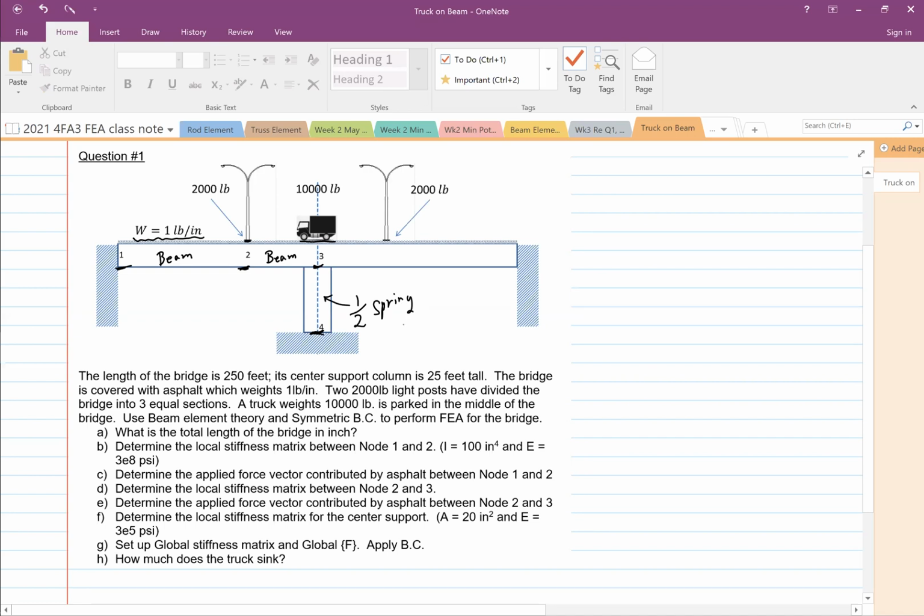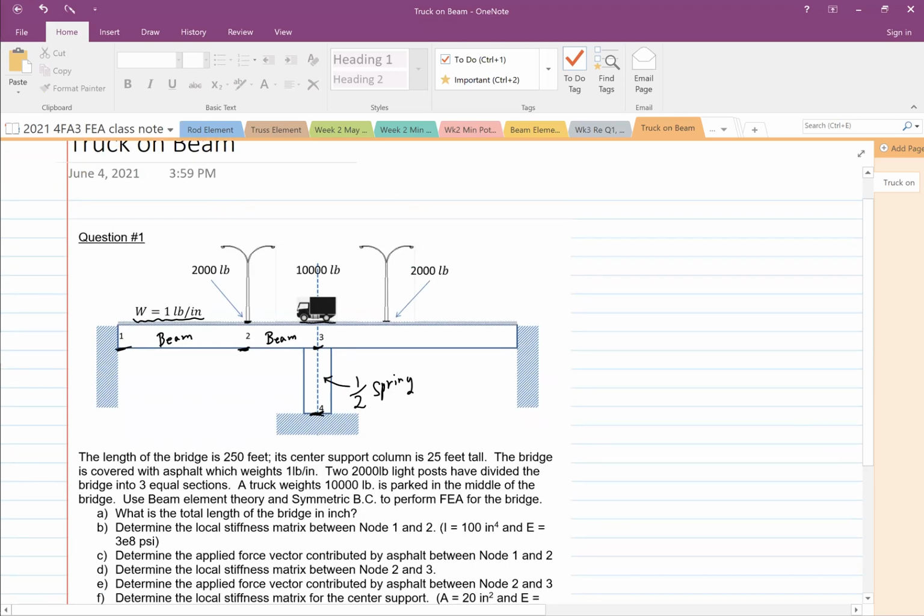And also the truck is loading right at the center of it, so it is a half truck, 5,000 pounds.